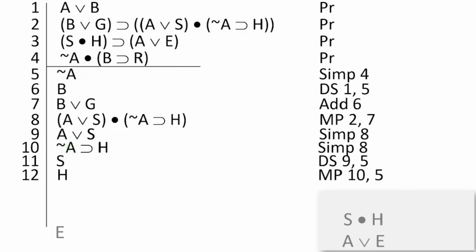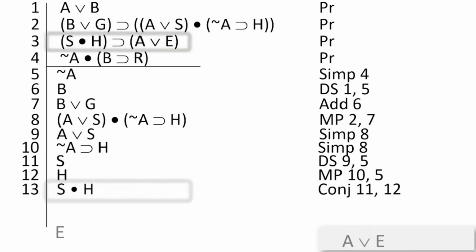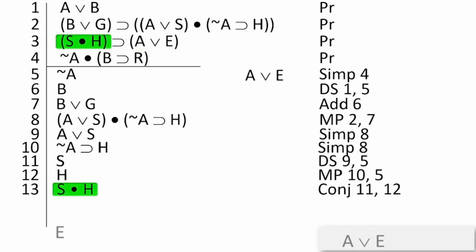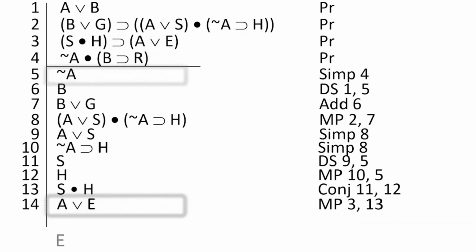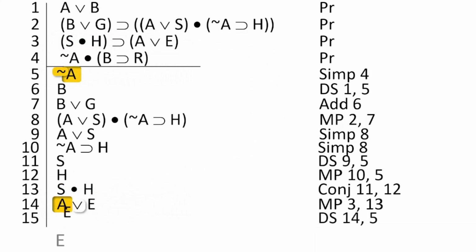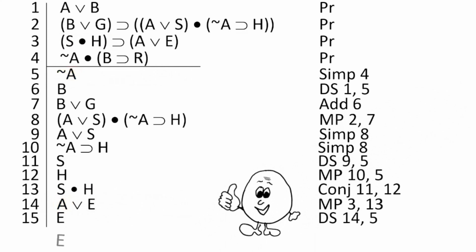And now we can apply the conjunction rule to obtain S and H. This allows us to match the antecedent of the conditional in line 3. We can apply Modus Ponens to obtain A or E. And ultimately what we wanted was E. We now have the disjunction, we have the negation of the first disjunct A. We can apply disjunctive syllogism and we are done.